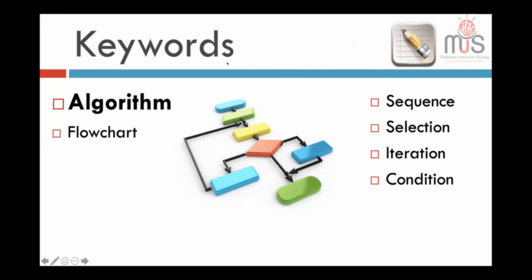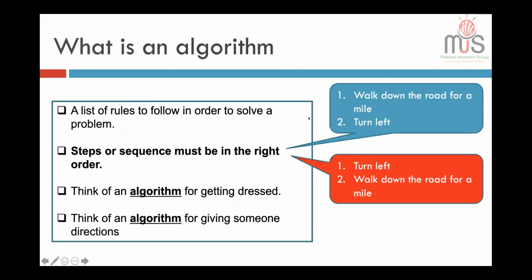Now, just to proceed, I say that an algorithm, just if you want to note this down, is a list of rules or a set of rules to follow in order to solve a complex problem. You get?